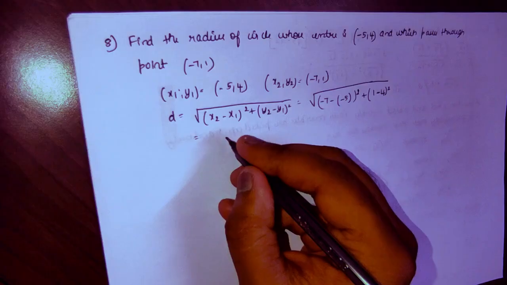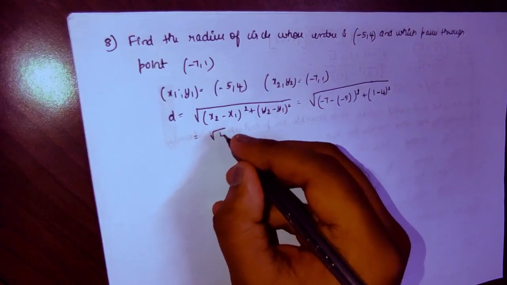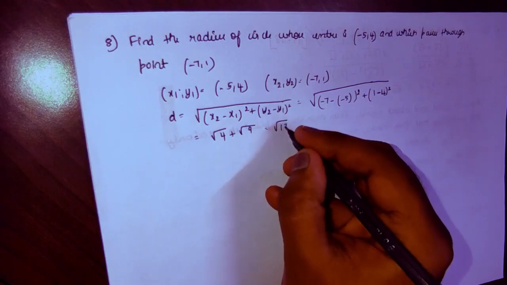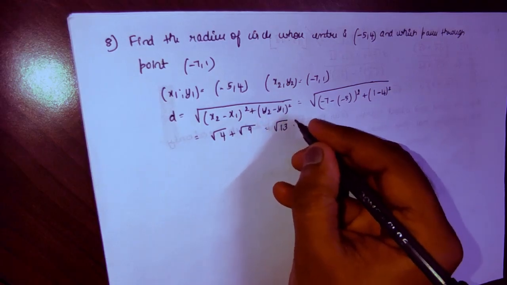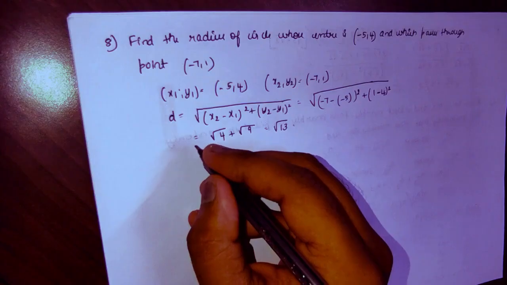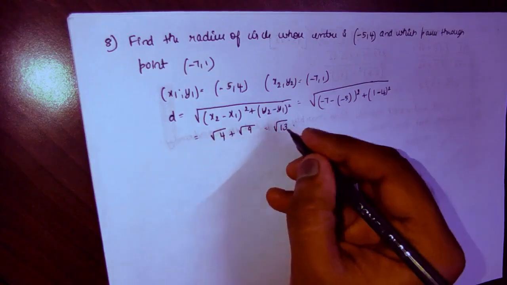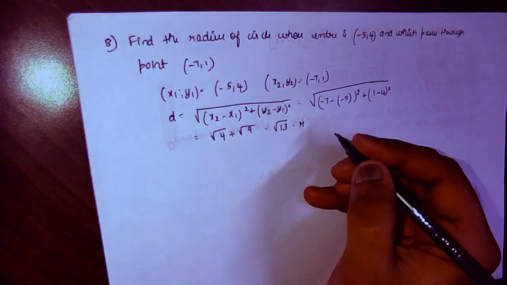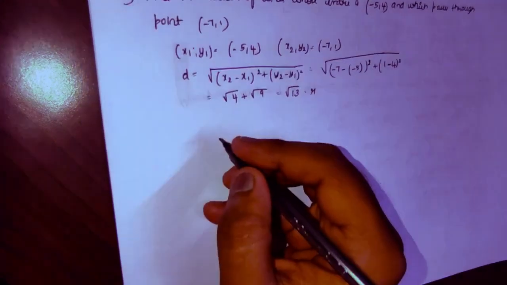That gives us the answer root 4 plus root 9, that is equal to root 13. Radius is root 13. This is the value of r. That itself is the distance. Let us move into the 9th question.